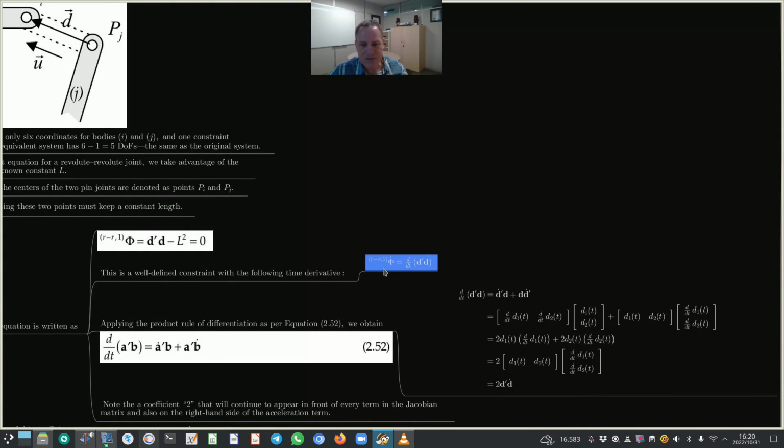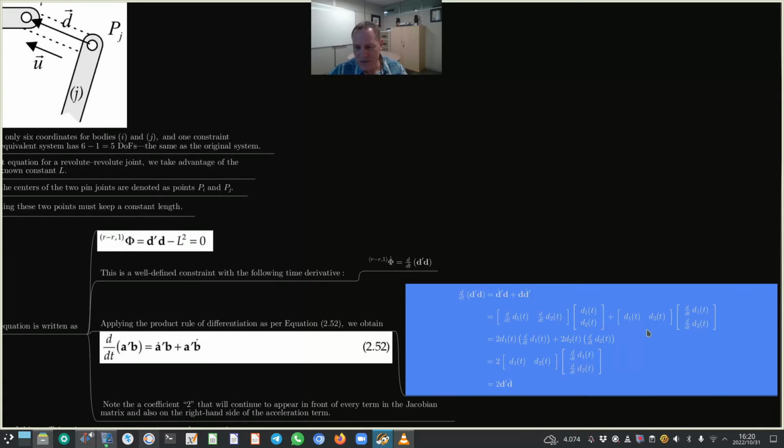Now if we apply the product rule to the time derivative of the constraint equation that we've just defined, this is shown in this block over here. You can go through the maths to check it. I'm confident that it is correct.